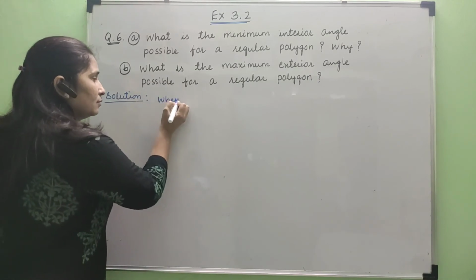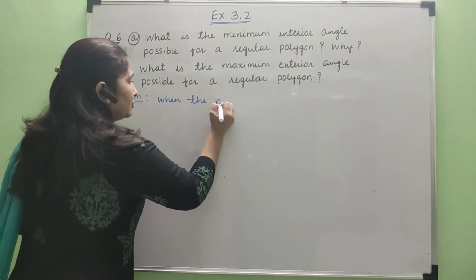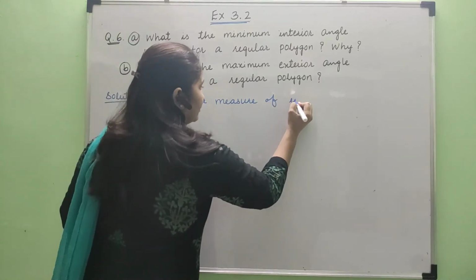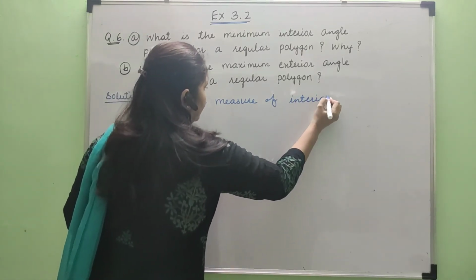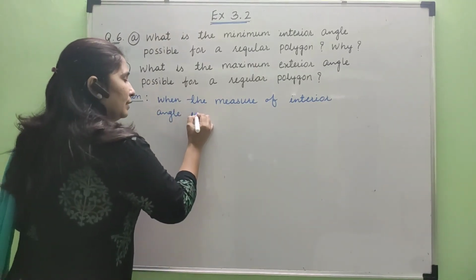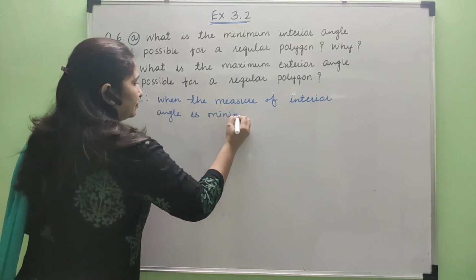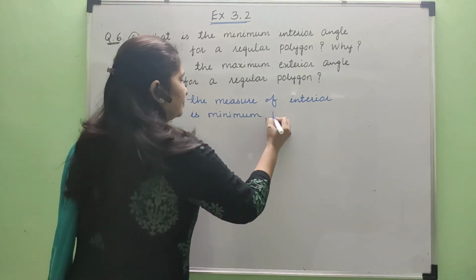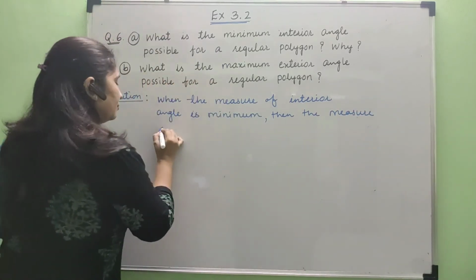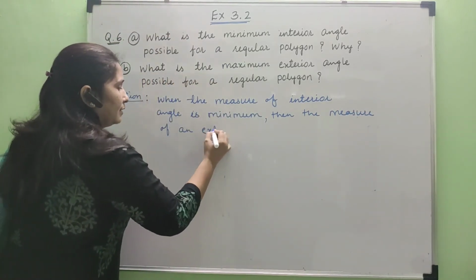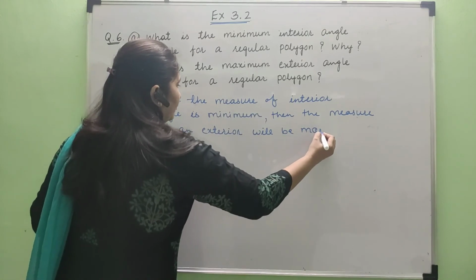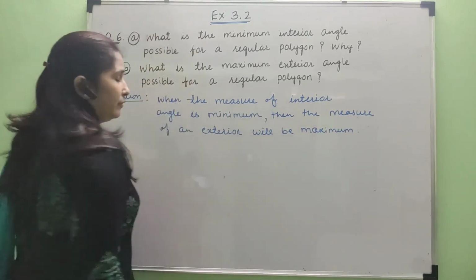When the measure of the interior angle is minimum, then the measure of an exterior angle will be maximum, right?